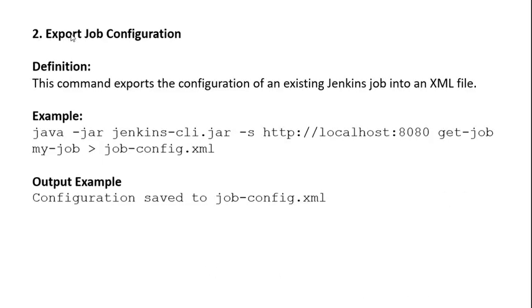Second command is export a job configuration. This command exports the configuration of existing Jenkins jobs into XML files.